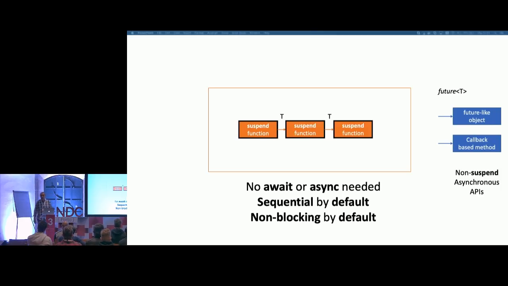They do not provide suspend functions. They provide callback interfaces or callback-based interfaces or future-like objects. So how do I interact between suspend functions, where everything is marvelous and everything is great, with legacy APIs, and I always have legacy APIs?